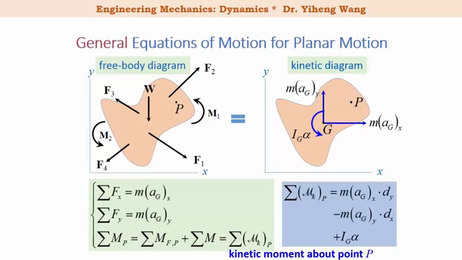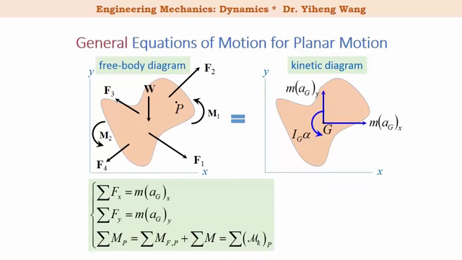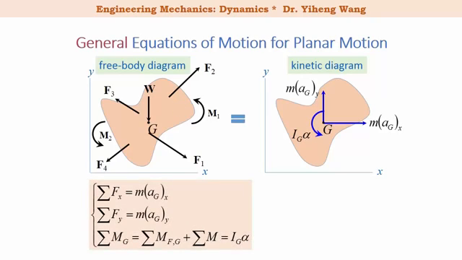In this expression, dx and dy are the moment arms of these two ma terms, and the positive sign and the negative sign again correspond to either counterclockwise rotation or clockwise rotation. Since in this set of equations, the resultant moment is calculated about any arbitrary point P, then for convenience, why don't we summarize the resultant moment about the gravitational center point G?